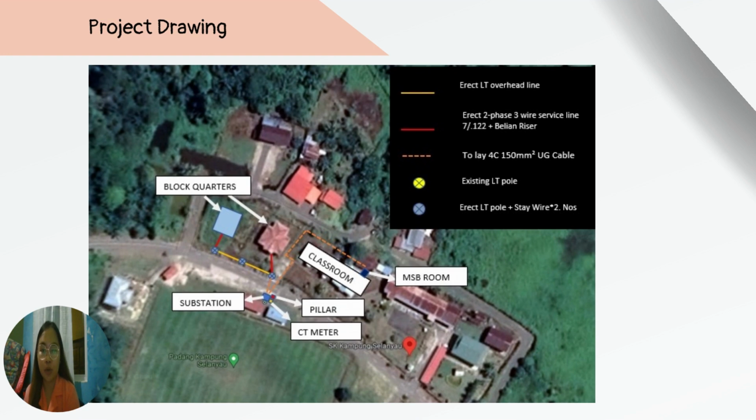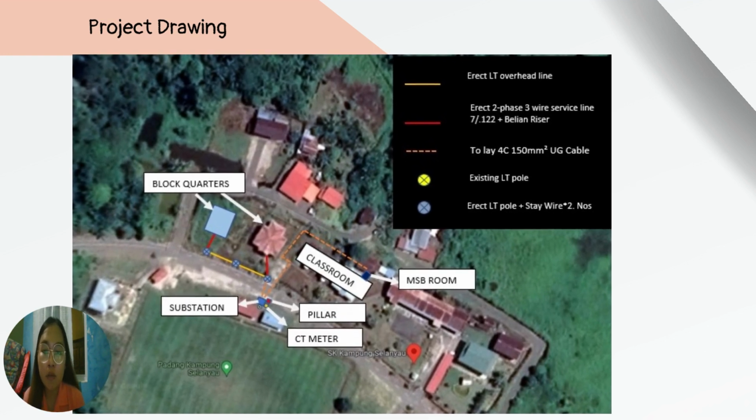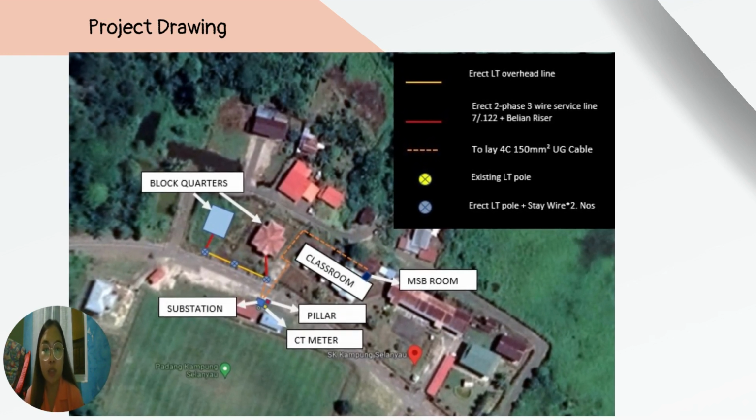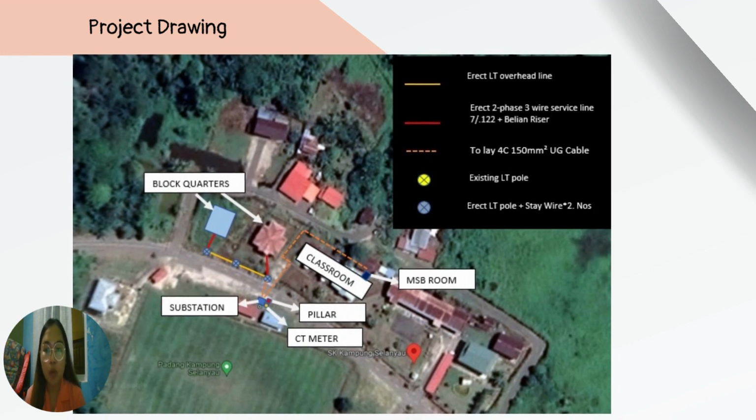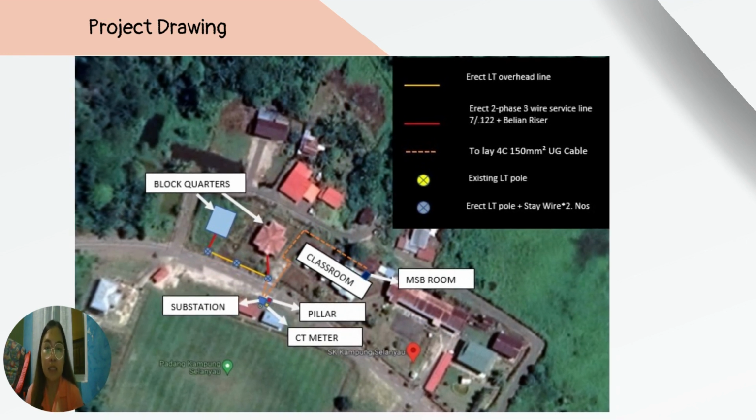This is my project drawing. Starting from the existing pole, which is opposite to the school entrance, there will be a new substation, pillar and meter installation later. After that, by using UG cable, it will pass through the JKR road to the new pole.